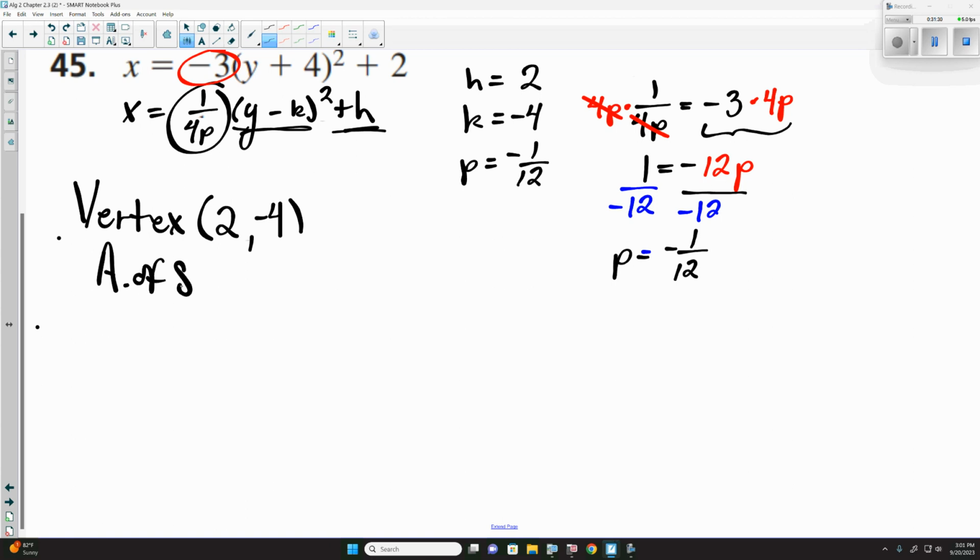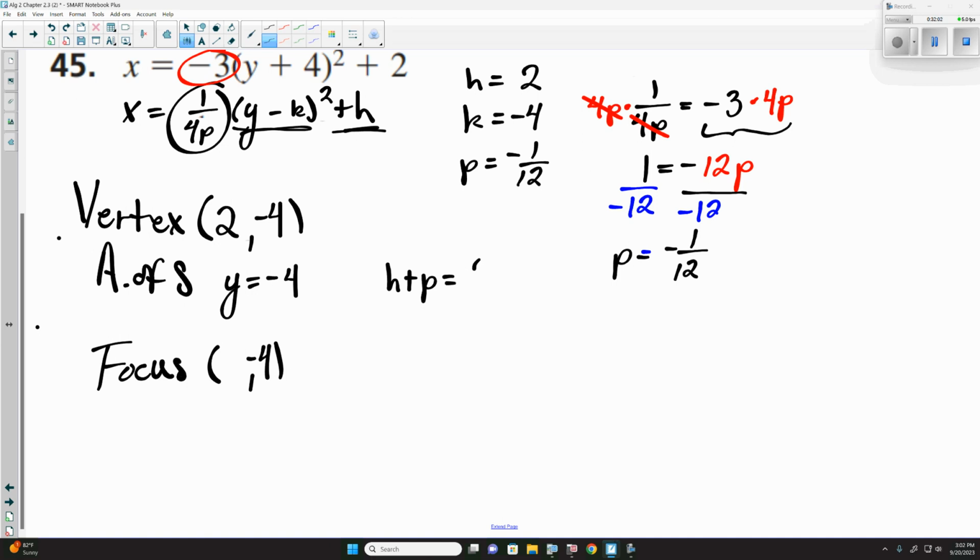Axis of symmetry for this here is y equals k, and our k value is negative 4. Focus. Our focus for this one here is h plus p comma k. So the k value is going to stay negative 4, but we need to determine what h plus p is.